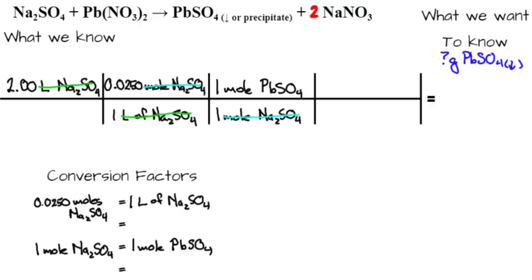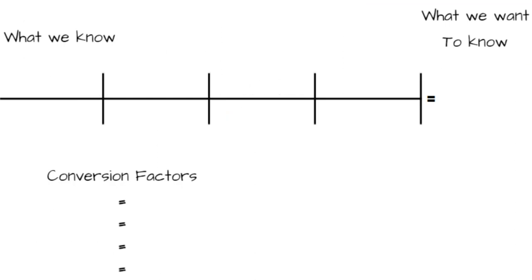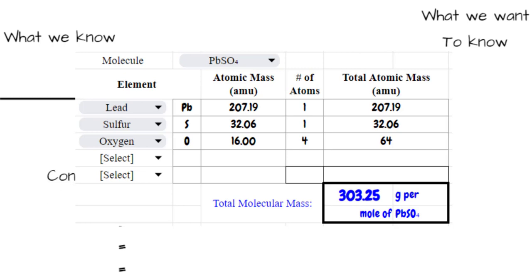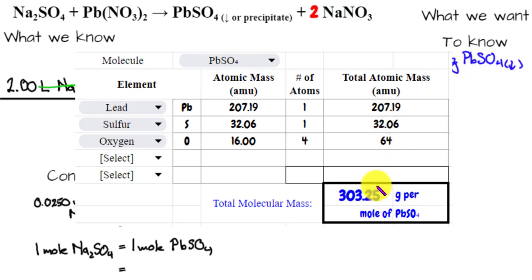So now I just need to go find out what the molecular mass of PbSO4 is. Alright, so I have found that the molecular mass of PbSO4 is 303.25 grams per mole of PbSO4.